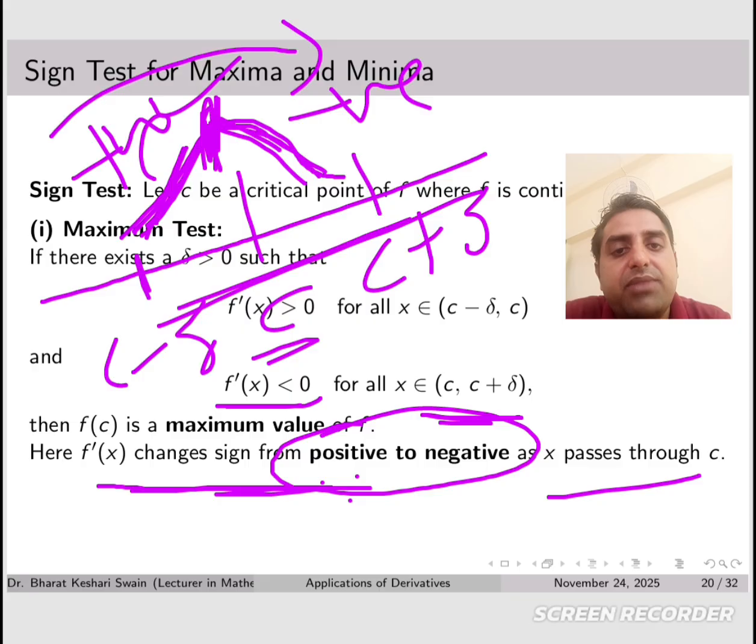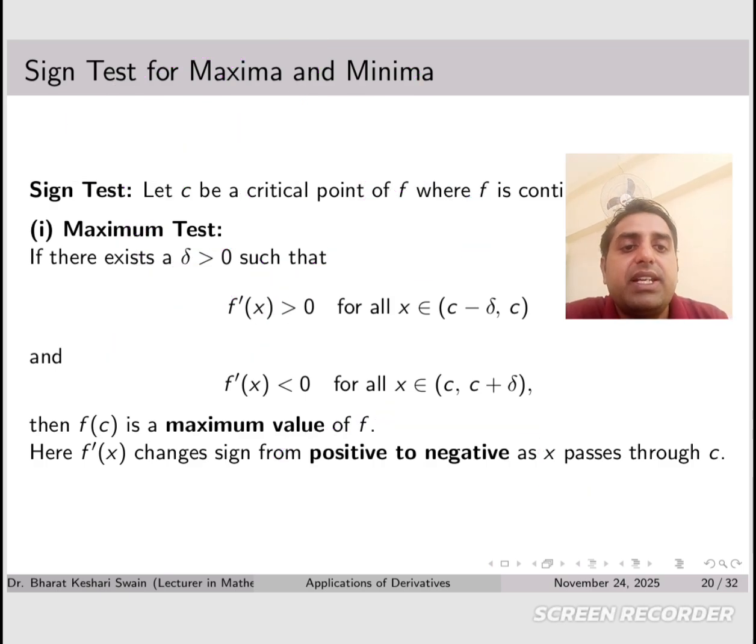First we will get positive, then after C it will be negative. So f dash will be positive, and f dash will be negative after C.